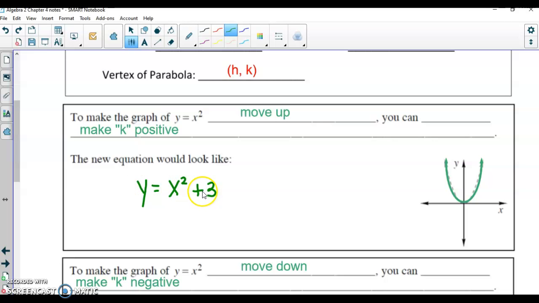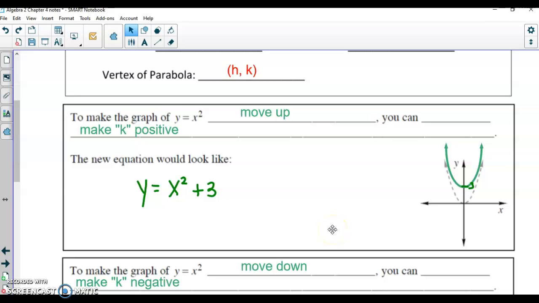So y equals x squared plus 3. That takes the vertex of my parabola and moves it up to 3. Notice the shape of the parabola does not change. It only moves the vertex up 3.